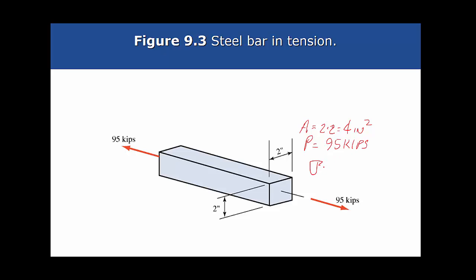So the stress is equal to the force, 95 kips, divided by 4 square inches. If you use your calculator on that, it should come up with something like 23.8. Okay, and what's my units now? Kips per square inch.